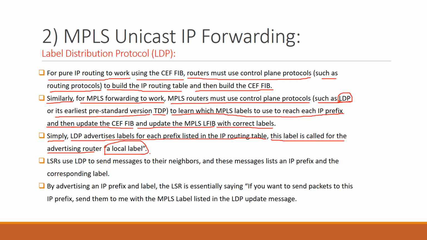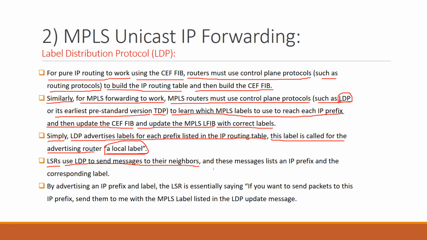So from the previous example, imagine with me, PE2 learned about a prefix from host B, let's say 10.3.3.0. Once it learns this IP prefix, it will assign a label to this IP prefix, and this label is called a local label. Later on, label switch routers will use LDP, the label distribution protocol, to send messages to the neighbors. And these neighbors are called LDP neighbors.